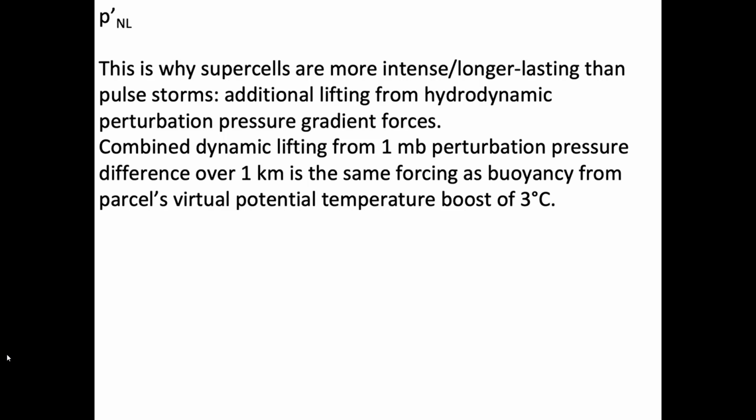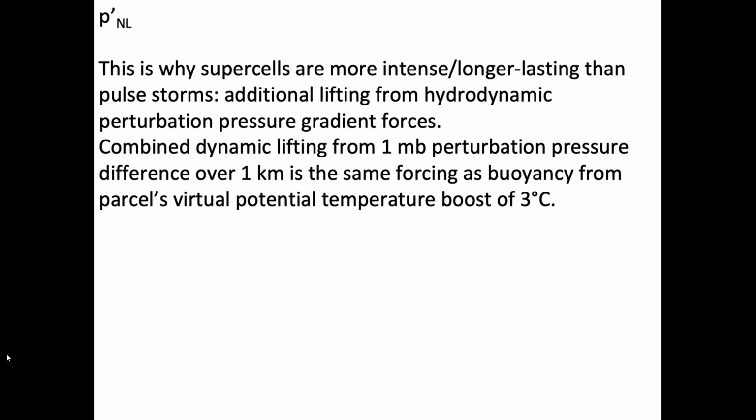These are often arising from the interaction of the vertical shear with the updraft, and this is all very much encapsulated within the hodograph structure and the interaction of the updraft with the vertical shear profile as depicted by the hodograph. In fact, just some very rough numbers here. Combined dynamic lifting from a 1 millibar perturbation pressure difference over 1 kilometer is the same forcing as the buoyancy from a parcel's virtual temperature boost of 3 Celsius.